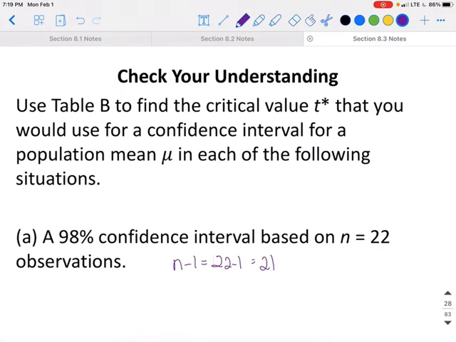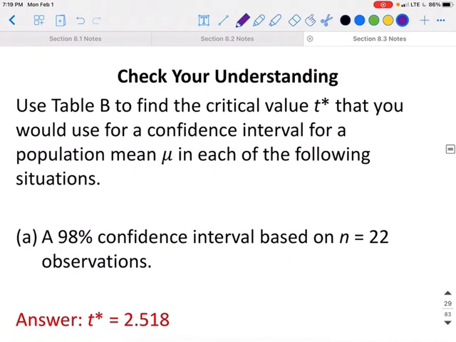Now, if your degrees of freedom is not on your table, you would have to look at the next smallest number. So if you do not have a 21 on your table, you would look at degrees of freedom of 20. You can't go larger than what's on there. You can only go smaller. If you look up a 98% confidence level with a degrees of freedom of 21, you should get a t-star value of 2.518.